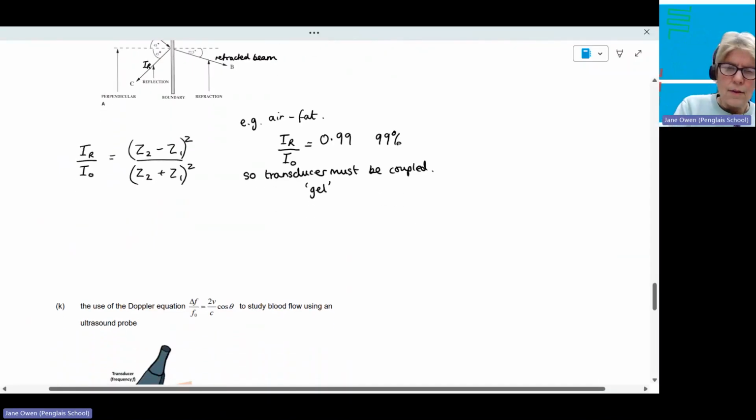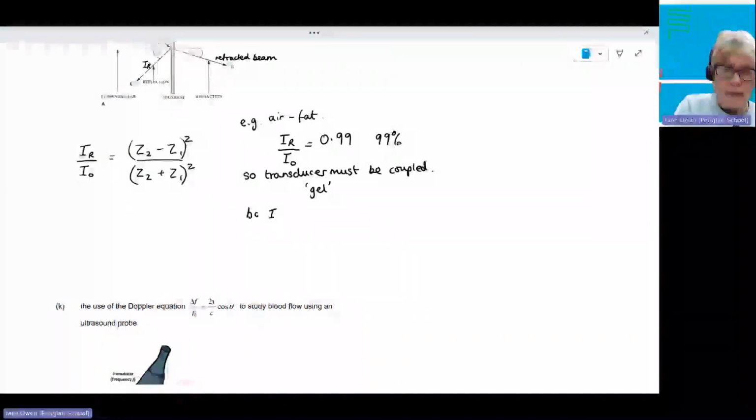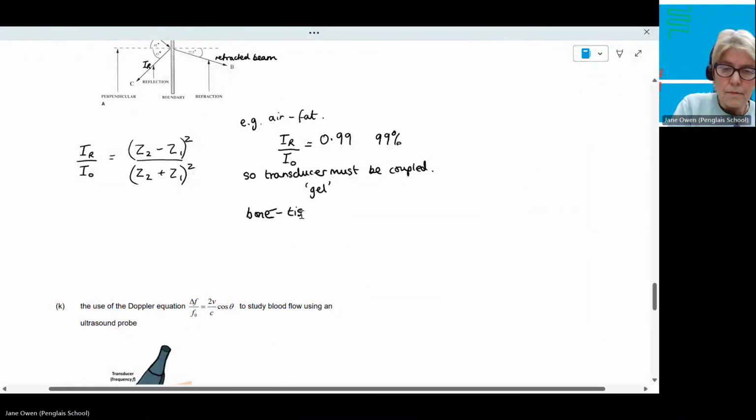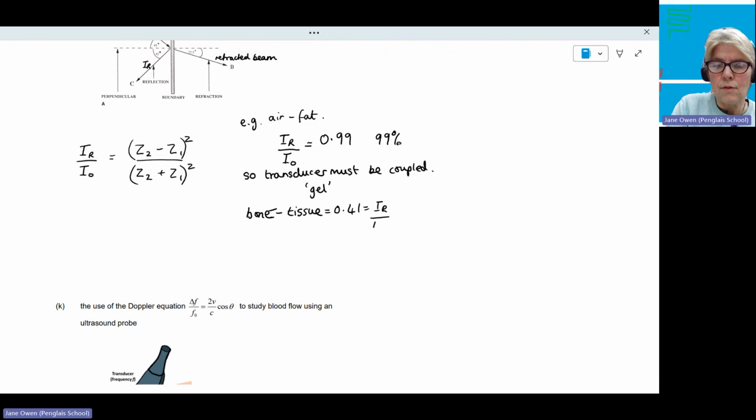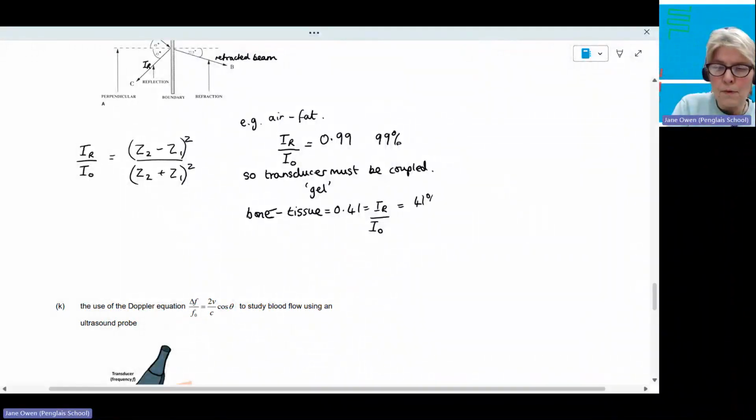So for the IR for the bone tissue boundary, it's 0.41, okay, for the amount reflected to the amount that's incident, which means that 41% is reflected.